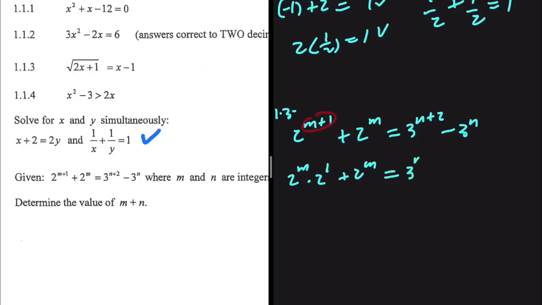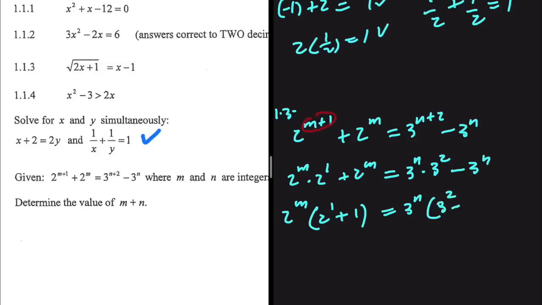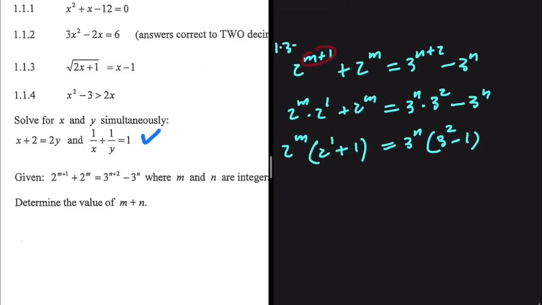So I'm going to have 3 to the power n multiplied by 3 to the power 2 minus 3 to the power n. On the left-hand side, I'm going to take 2 to the power m as a common factor. I'm going to have 2 to the power 1 plus 1 being equal to, I'm taking 3 to the power n as a common factor on the right-hand side. So 3 to the power n, and then I'm going to be left with 3 to the power 2 minus 1. 3 to the power 2 is 9, minus 1 is 8, right?